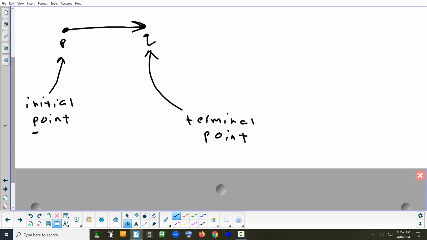Well, no, the vector isn't representing position. It's representing speed and direction. But isn't that position? Not when you draw an arrow, no. The vector itself does not represent any type of position where the object is. It represents the direction it's going, and it represents the speed at which it's going.